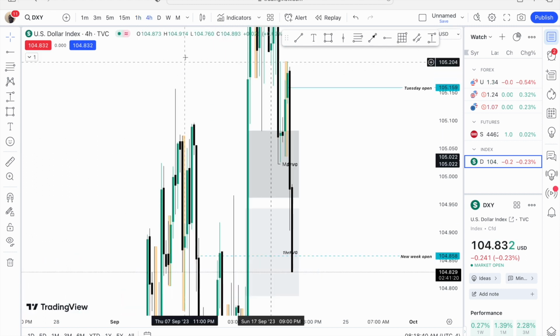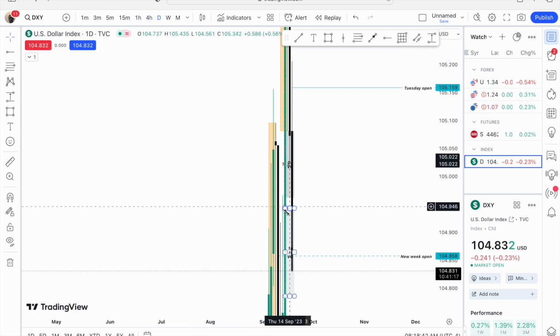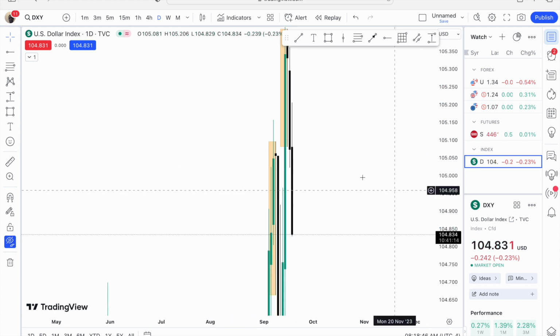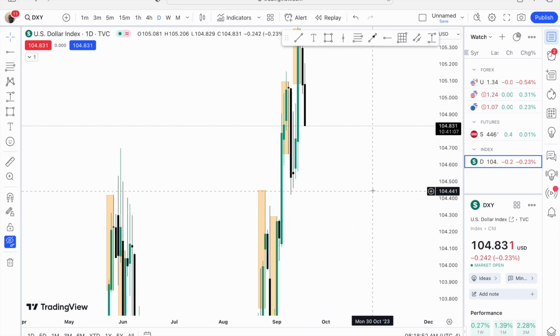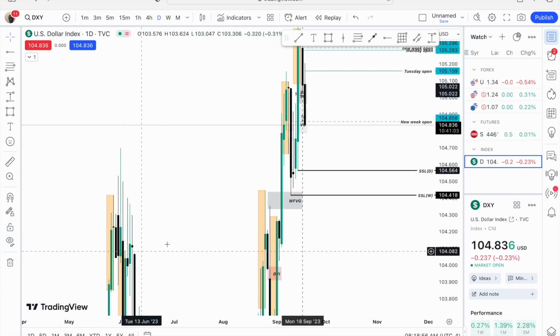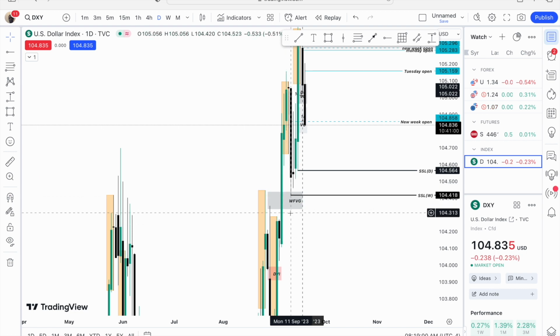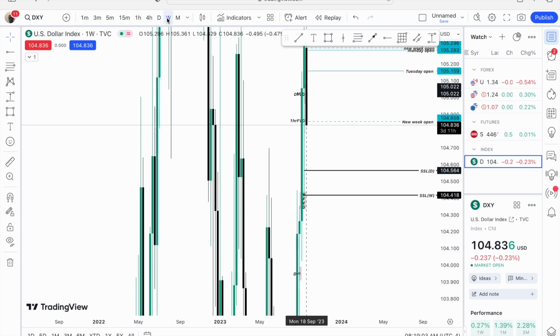If you look on the daily and the 4 hour, we voided the whole area underneath the fair value gap. Just one big green candle. And we have a weekly fair value gap. I didn't label it daily, I just have it as a weekly, a higher time frame fair value gap.